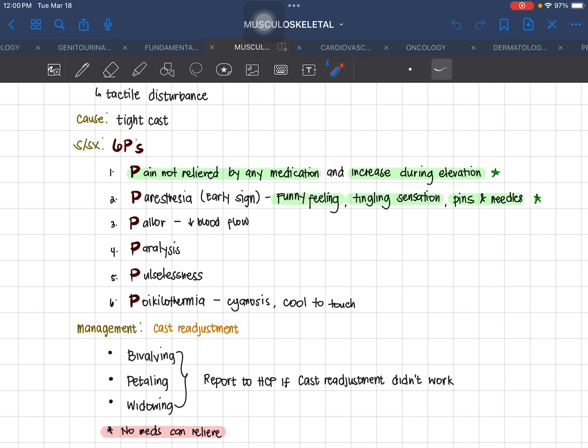Next is pallor, dahil decrease yung blood flow dun sa affected part, kaya pale o pallor. And then fourth, paralysis. Fifth is pulselessness, of course, dun sa affected part, kaya need mo lagi i-assess yung distal area. And then lastly, poikilothermia, o pag makikita mo na cyanotic and cool to touch.